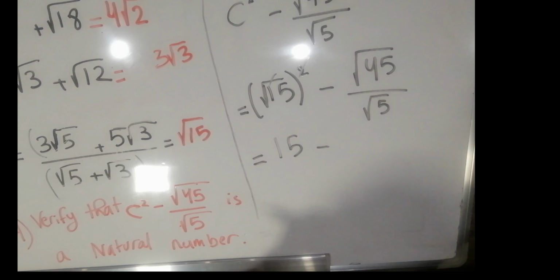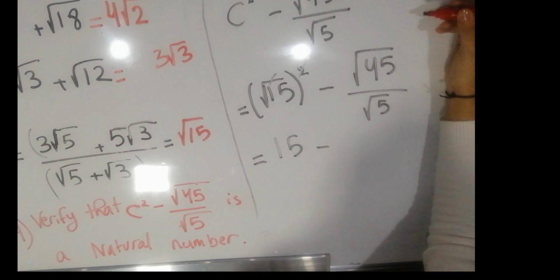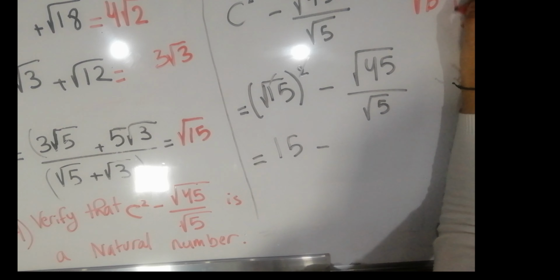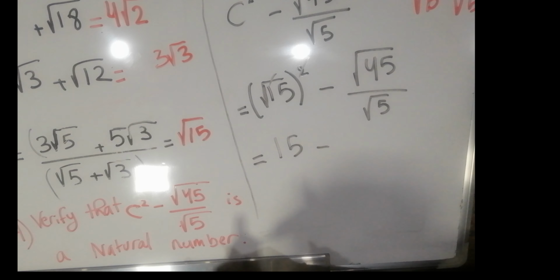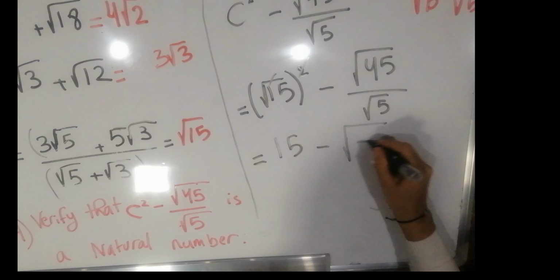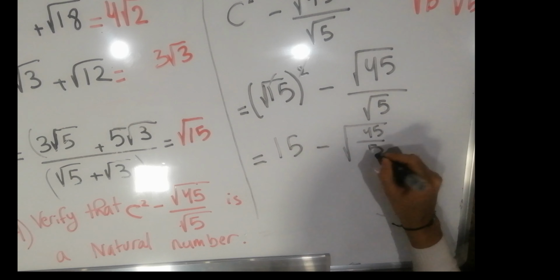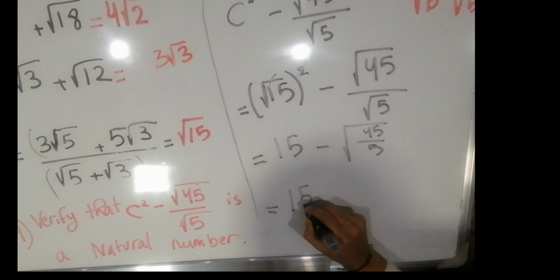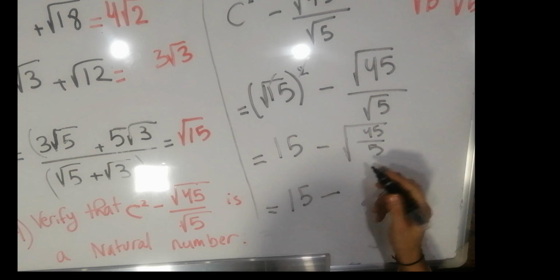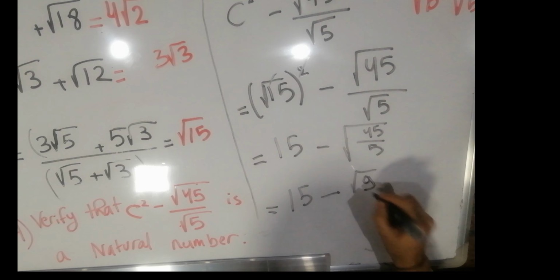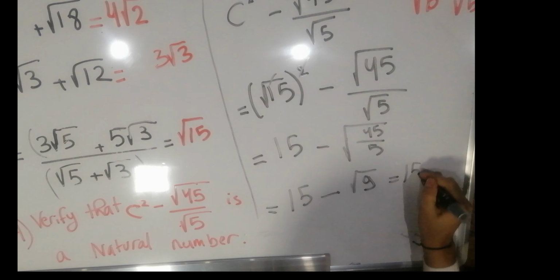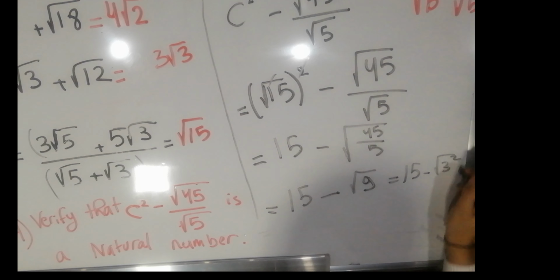We should remember an important rule regarding radicals: radical a over radical b can be written as one big radical, a over b. So radical of 45 over 5. 45 over 5 is 9. So radical 9, and you know that 9 is 3 squared. So 15 minus radical 3 squared.